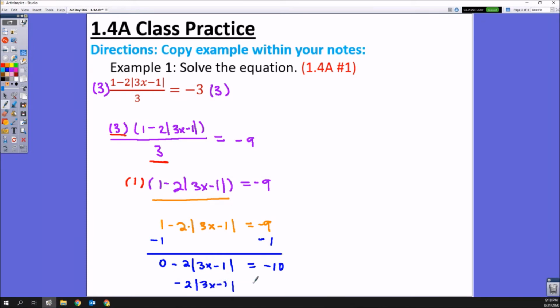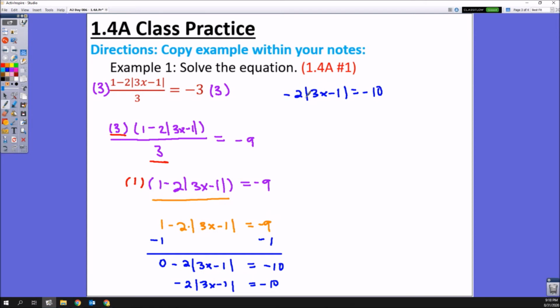All right, I'm going to bring it up to here for more space. Now, even though you see that this absolute value is equal to negative 10, we're still not finished because we have a negative 2 in the front of it. Again, this is multiplying.